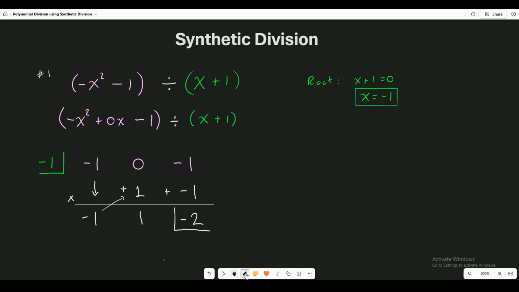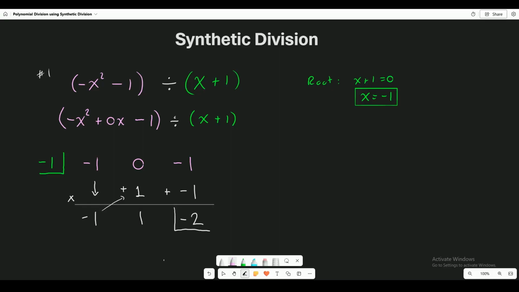Now, keep this in mind, right? We divided by a linear term. x plus 1 is linear because it's degree 1. So that means that when we divide a second degree term by a first degree term, the degree drops down by 1. We started with second degree, right?